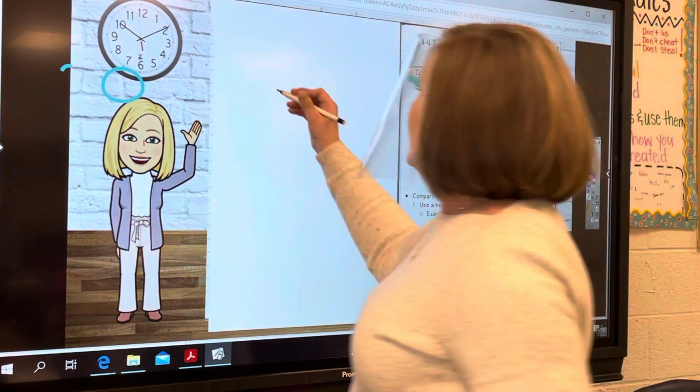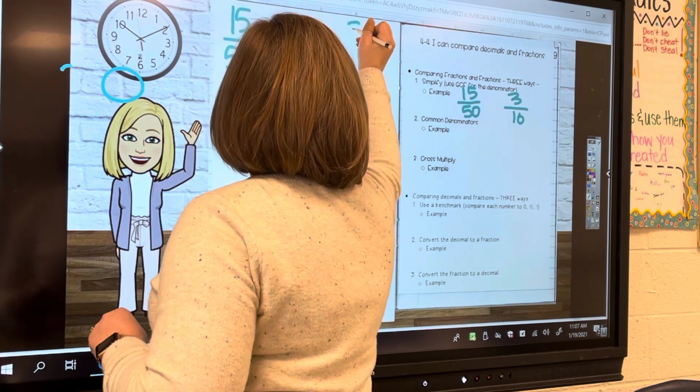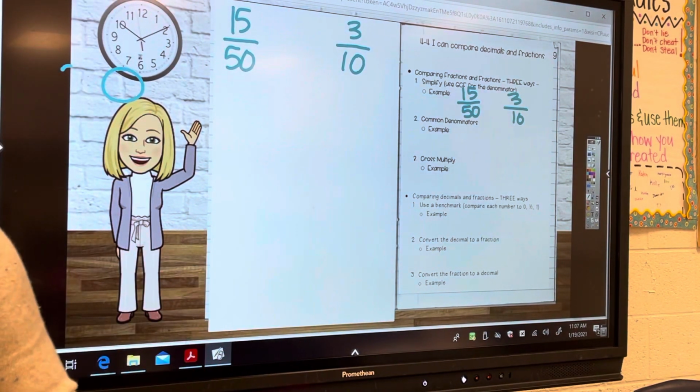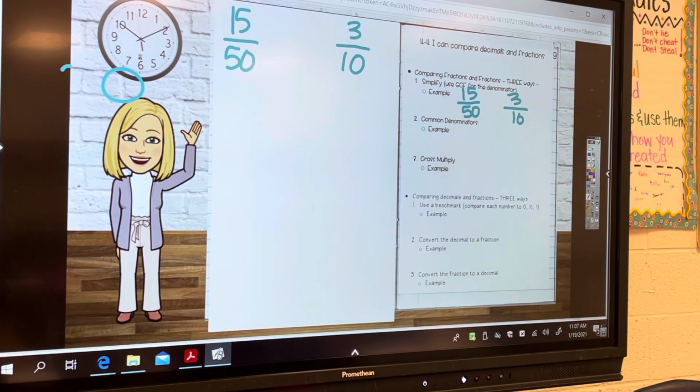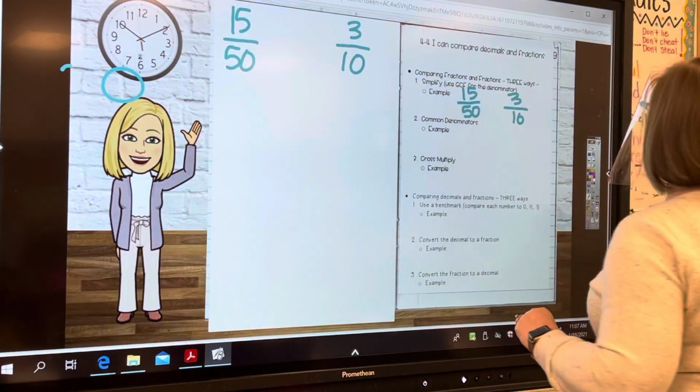And the first way that we're going to use is to simplify. Can I simplify either one of those fractions? Which one? 15/50ths.